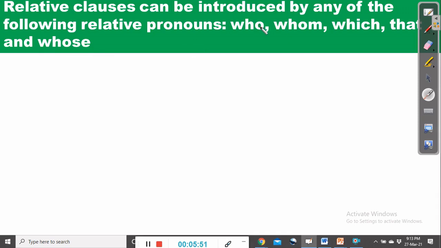Now, when you look at this, who, whom, and whose are usually used to talk about persons. All right? Which is used to talk about things. This is the book which you asked me to buy. This is the man who, this is the woman whom, all right?